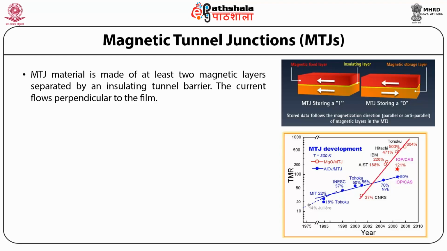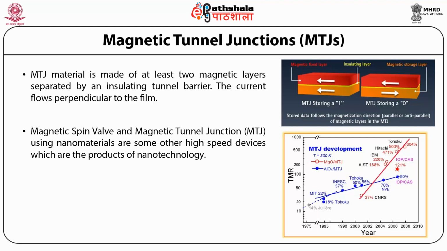This material is made of at least two magnetic layers separated by an insulating tunnel barrier. The current flows perpendicular to the film. This has been shown in the figure. The best results have been achieved with aluminum oxide tunnel barriers.